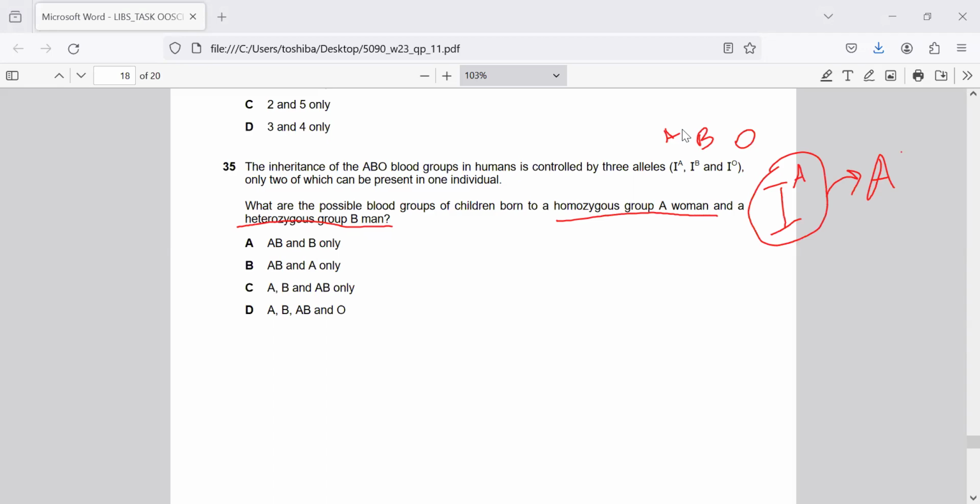Option A is A and B only. Option B is A, B, and A only. Option C is A, B, and AB. And option D is A, B, AB, and O.